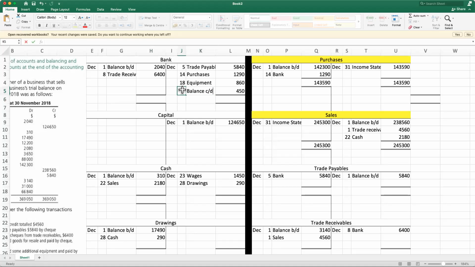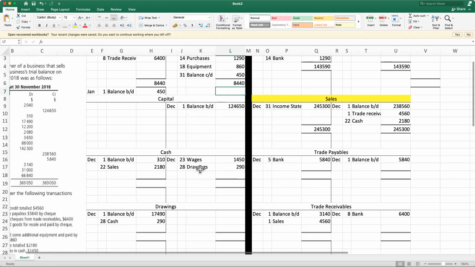We want to bring down the balance to the next year. So 31st December here, and on 1st January 2019 it will be balance brought down, 450. This amount here, 8,440, I just write as my total.